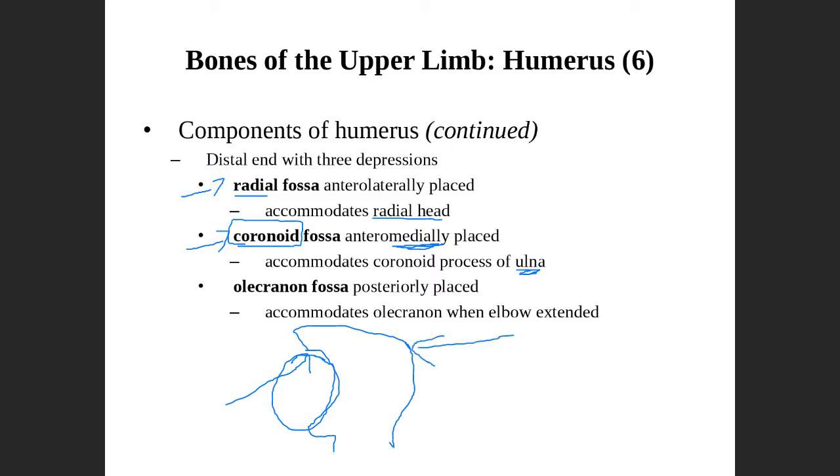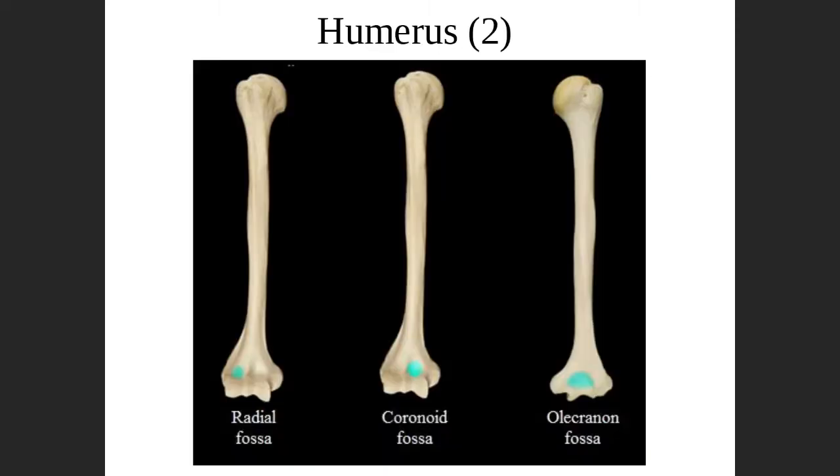Anyways, when you extend your elbow all the way out, the olecranon process has to settle into the fossa here. Otherwise, you wouldn't be able to straighten your arm all the way out. You'd only be able to straighten it to about 130, 120 degrees instead of almost 180. I can't straighten mine out to 180. So again, we need a place for these parts of these articulations to settle into. That's what we're seeing here.